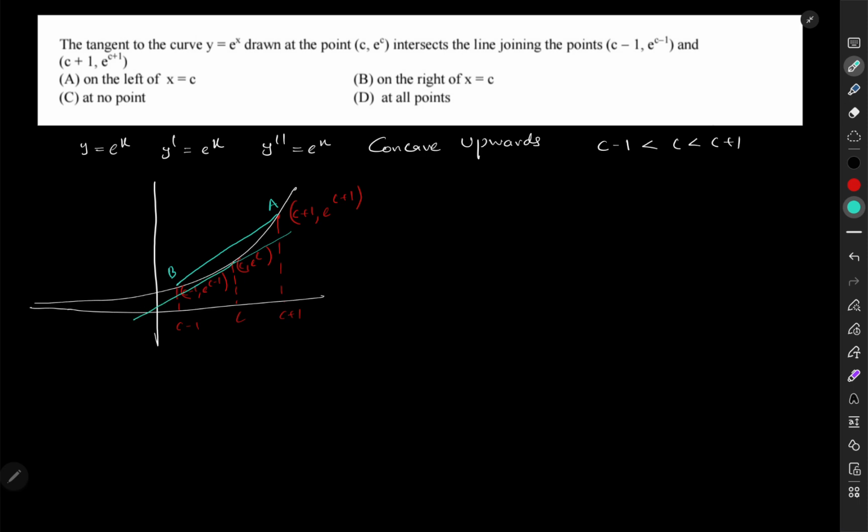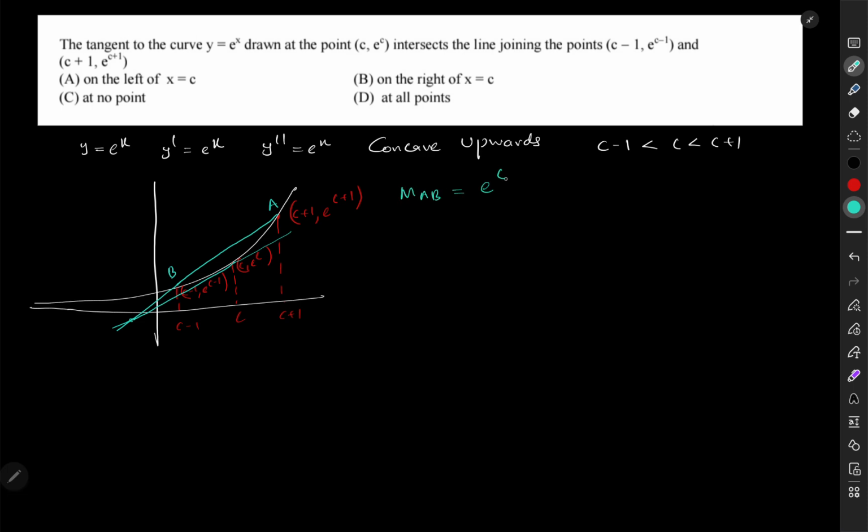Okay, so these two lines will meet on the left side of C. So option A. You may think, sir, how can we tell it like this? From the figure we are getting an idea that it will meet on the left side, but how to prove it very properly? For that, we can find the slope of AB.